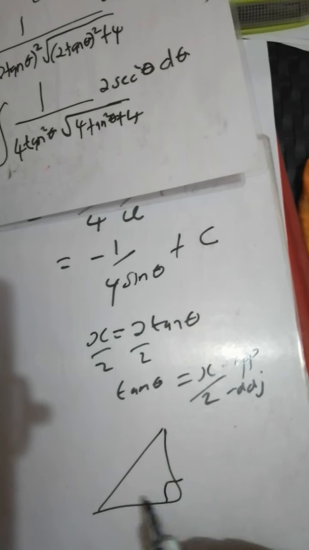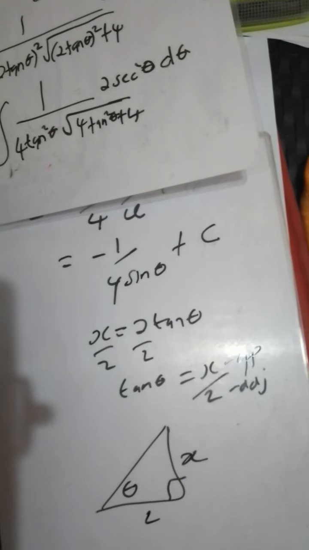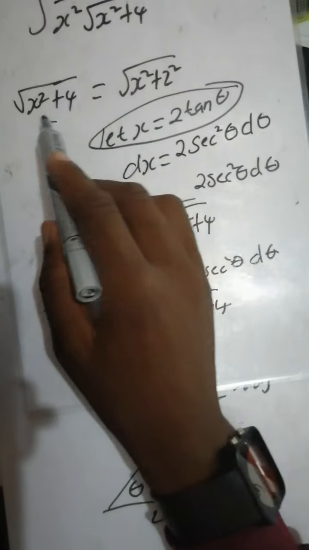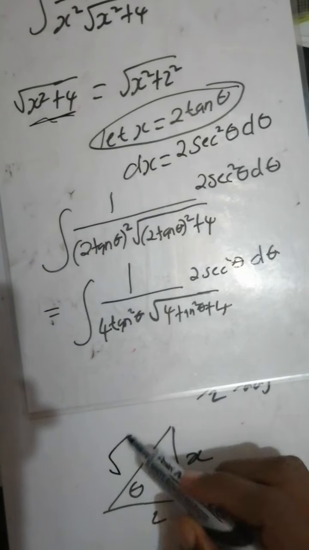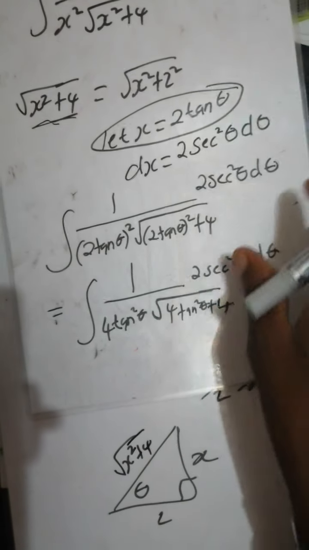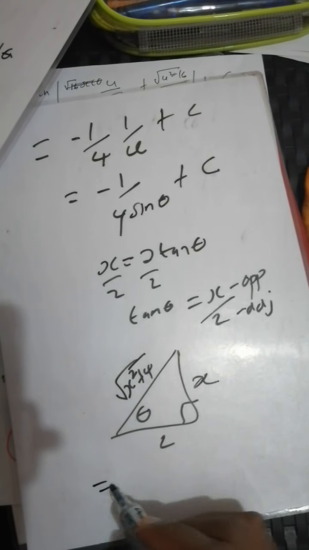Draw a right angle triangle, put theta there. Your hypotenuse is simply the following, or you can just calculate it using the theorem of Pythagoras, but anyway, you get the same thing. So now let's check.